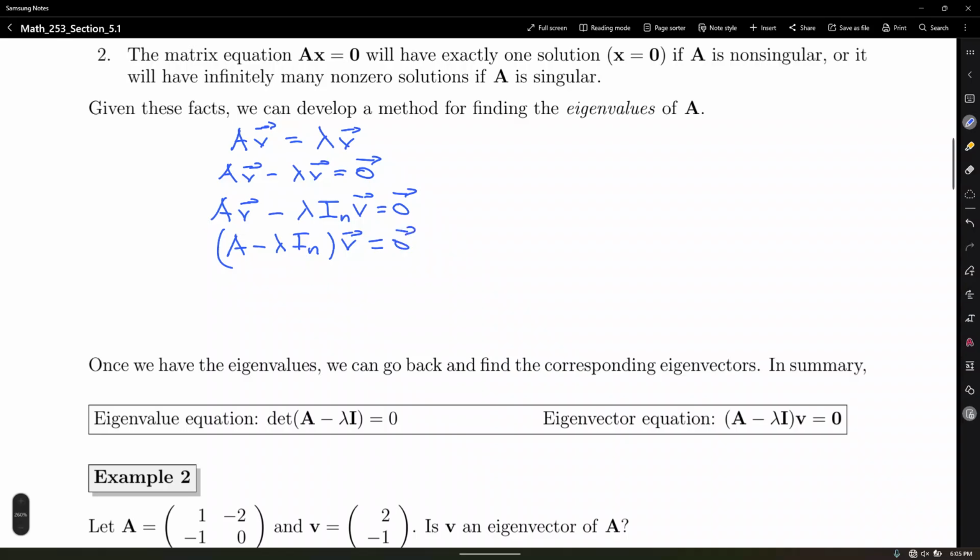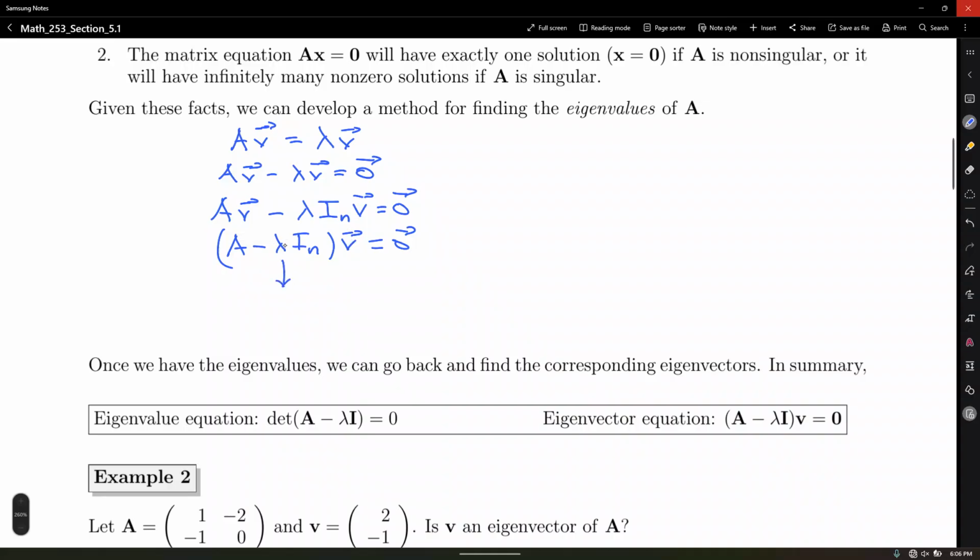We just treat this equation like the zero product property. This is equal to the zero vector if this is equal to 0 or v equals 0, but we don't want v to be 0. So we have to let this factor equal 0.